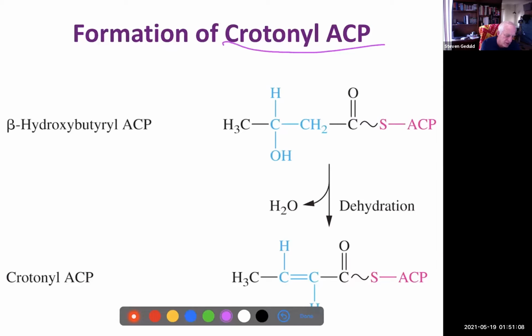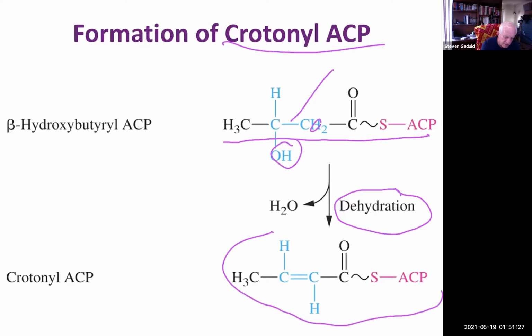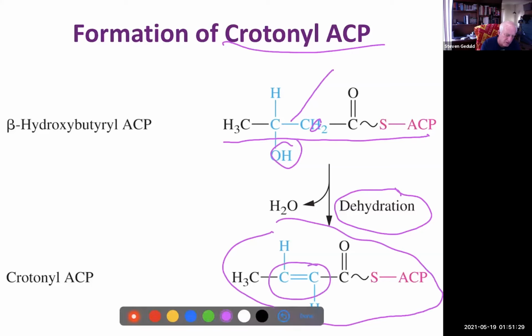You have beta hydroxybutyryl ACP. Okay. Dehydration reaction, you can lose water. Between this bond right here, you're going to kick off an OH and one of those H's and form a double bond. And then you're going to form crotonyl ACP as you form your double bond right here by kicking off water, by dehydration reaction. Okay, that forms crotonyl ACP.